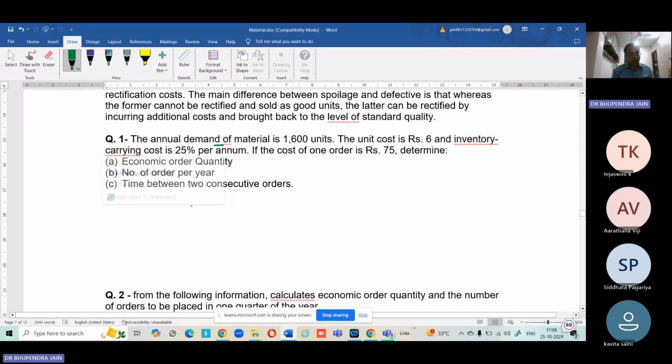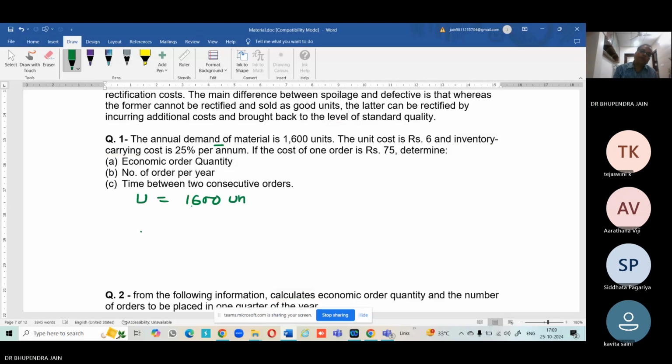U stands for annual demand, annual requirement, annual need, or annual uses of material. Here U is given: how many units? 1600 units. U stands for annual demand in units. If the demand in rupees is given, then we have to convert it into units. One more better concept.